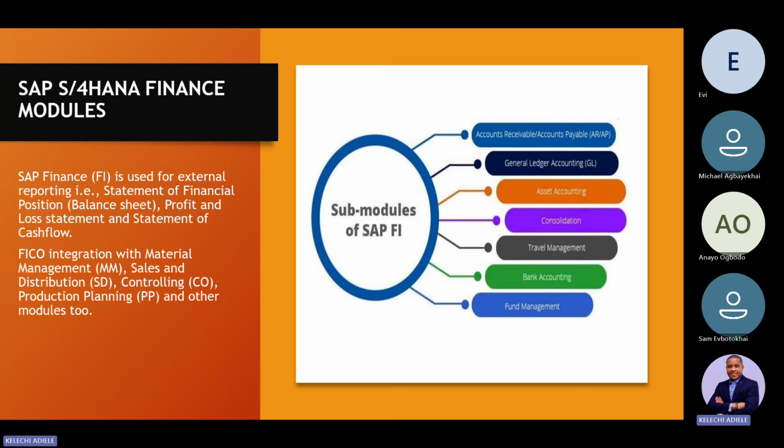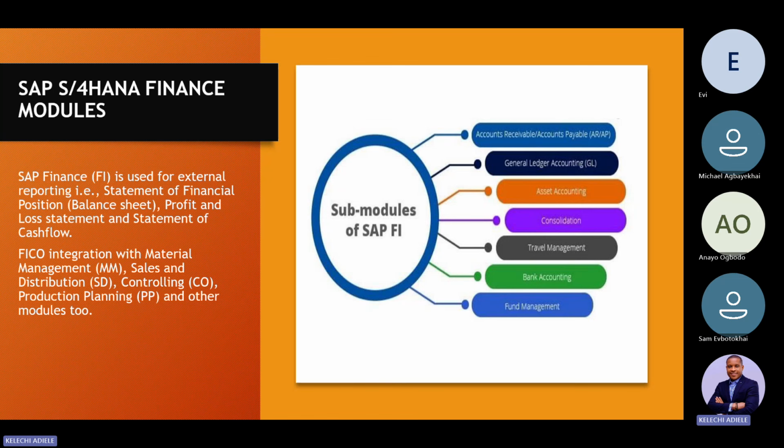We also have FICO integrating with other modules like sales and distribution, controlling, production planning. But the most important thing is if you pick a financial accounting module, you're going to see sub-modules in them.